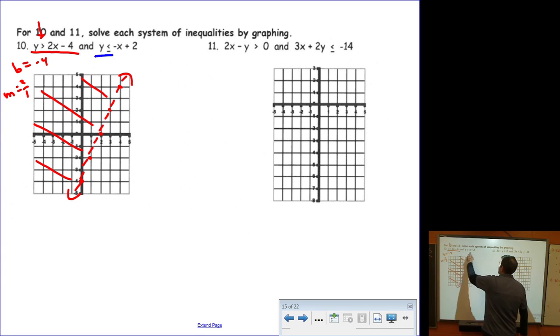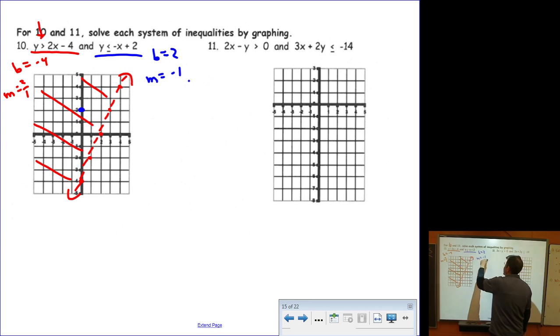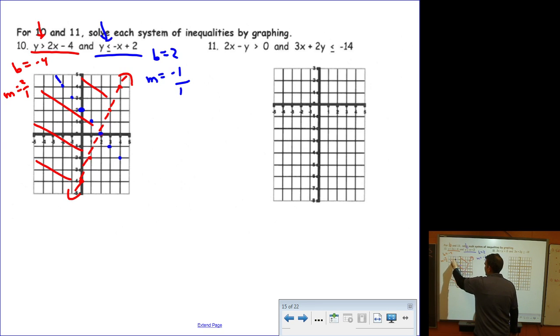This one is already in slope-intercept form. It's got a y-intercept of 2. It's got a slope of -1. So that's down 1, right 1, or up 1, left 1. Because it's got an or equal to, it's going to be a solid line.